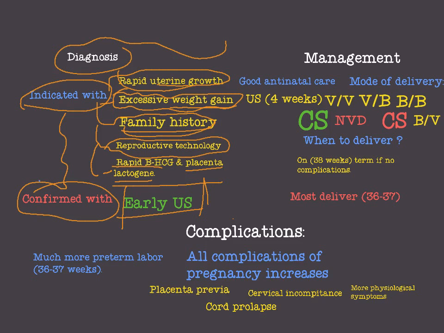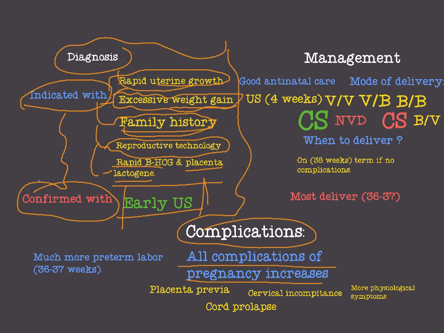Okay, so now let's move to complications of multiple gestation. Okay, to summarize it, in multiple gestation all complications of normal pregnancy will increase. Okay, even the physiological symptoms will increase: cervical incompetence, cord prolapse, placenta previa, okay, and all things you can imagine in normal pregnancy.